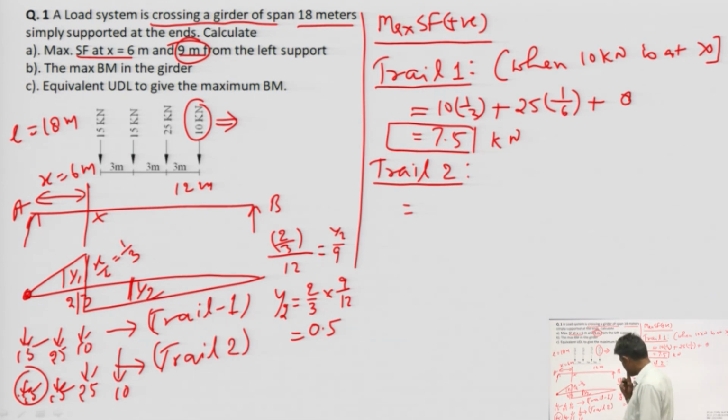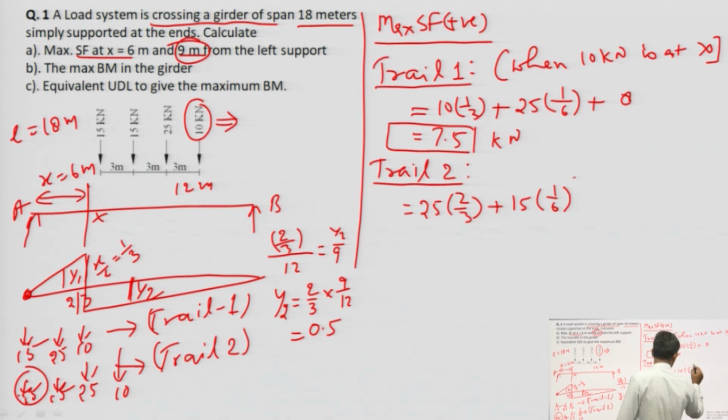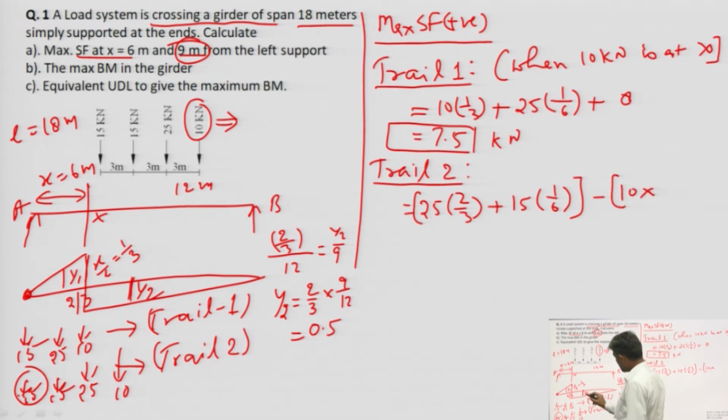So, in trial 2, let us calculate. This is 25 multiplied by ordinate 2 by 3 plus 15 multiplied by ordinate y1, which is 1 by 6. This is the positive contribution, and the negative contribution will be for that load, 10 multiplied by y2, which is 0.5.